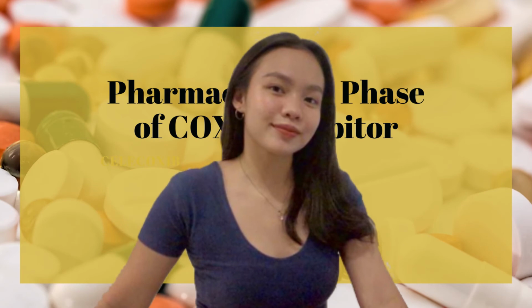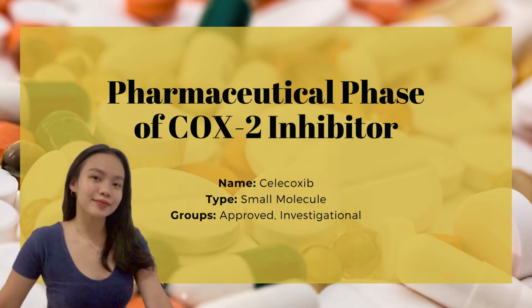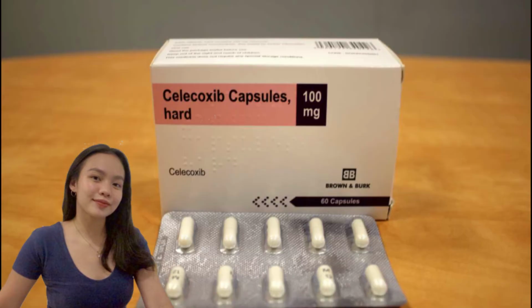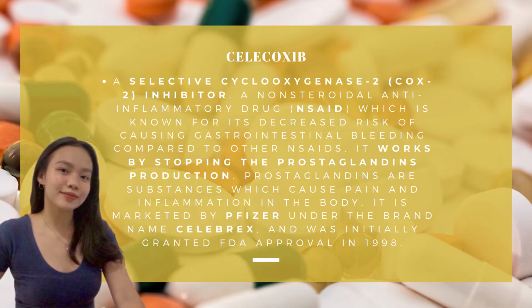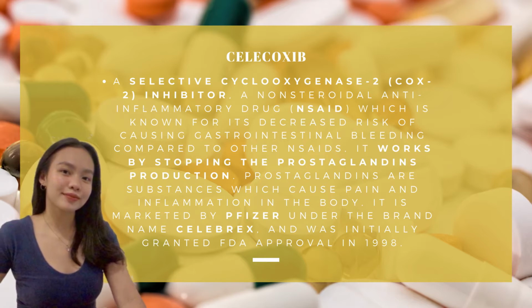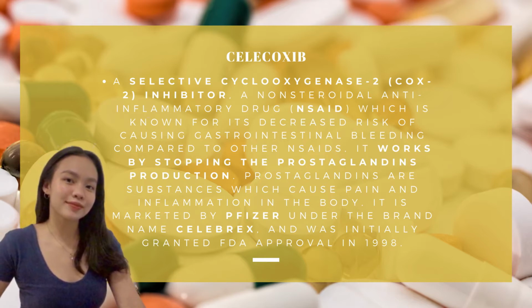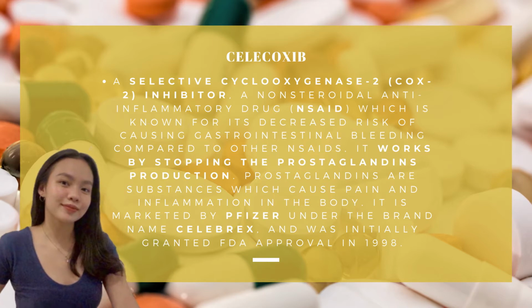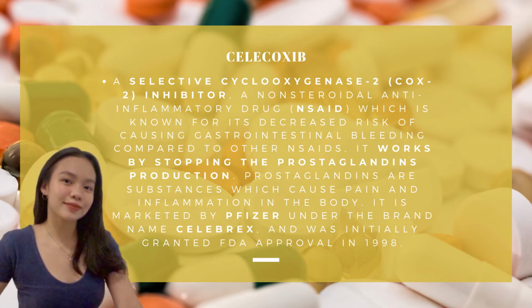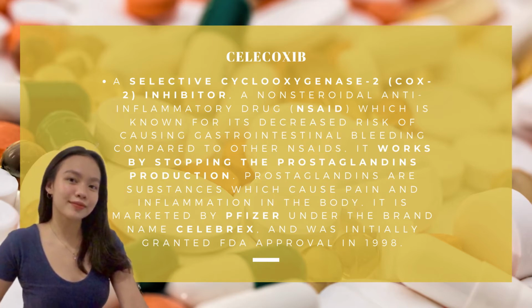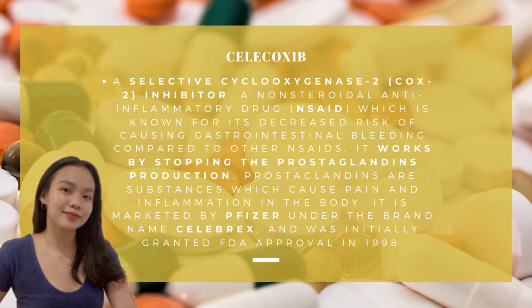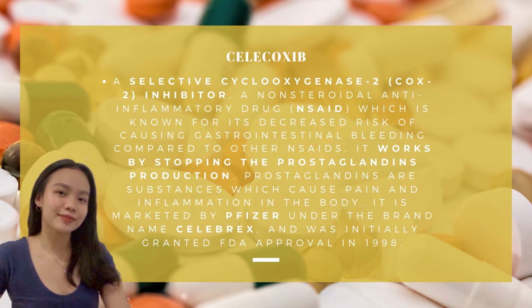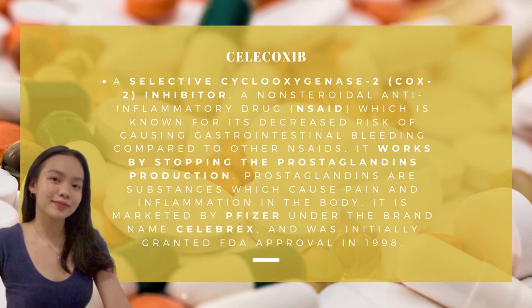The pharmaceutical phase of a COX2 inhibitor, an example of which is celecoxib. It is a small molecule type, approved and investigational. Celecoxib is a selective cyclooxygenase 2 or COX2 inhibitor, a non-steroidal anti-inflammatory drug which is known for its decreased risk of causing gastrointestinal bleeding compared to other NSAIDs.